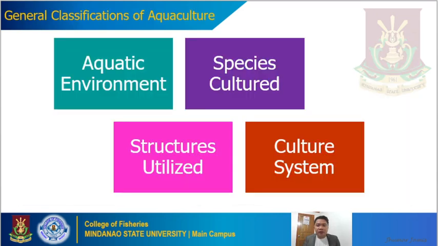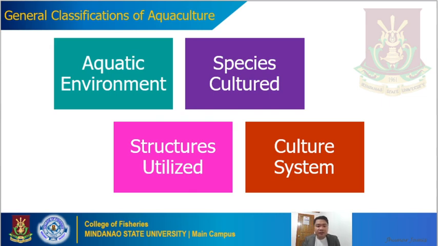So, as I've said earlier, we will be classifying aquaculture according to the four general classifications of aquaculture, mainly according to the aquatic environment and according to the species cultured, as well as according to the structures utilized, and lastly, the classification of aquaculture according to the culture systems being employed.